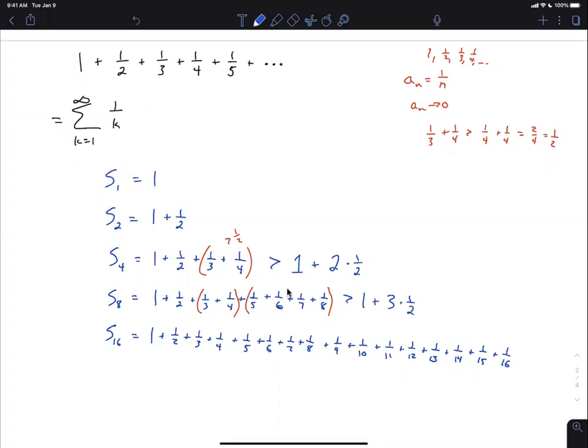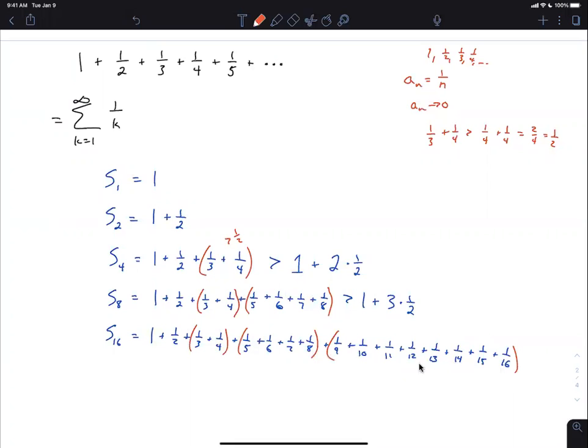Now down here, we've got 1, and then we've got exactly 1/2. And now this one's bigger than a half, right? These 4 added up are bigger than a half. Now, what about these? What's the smallest of these?